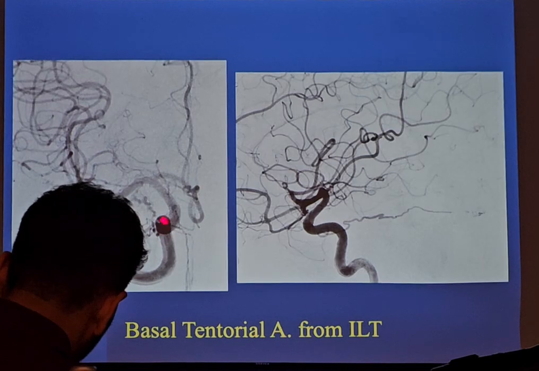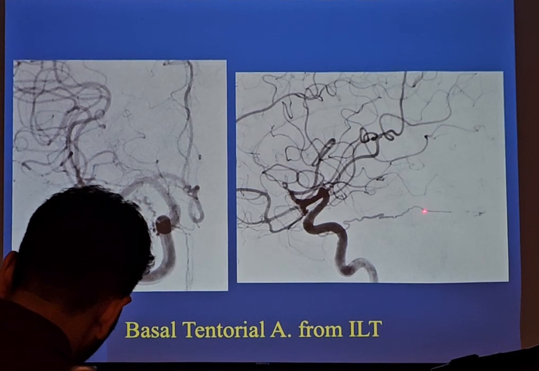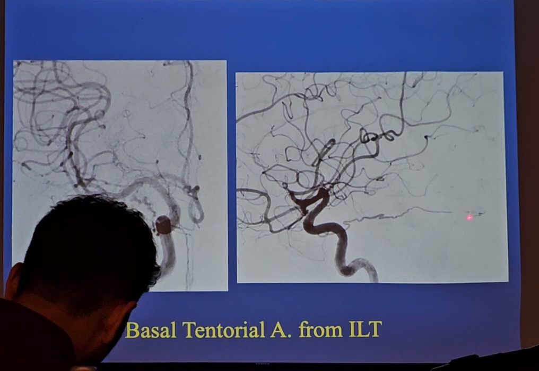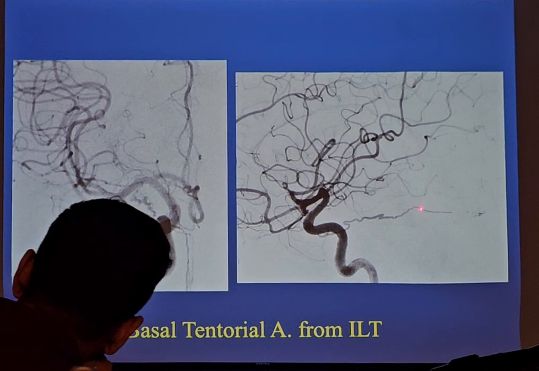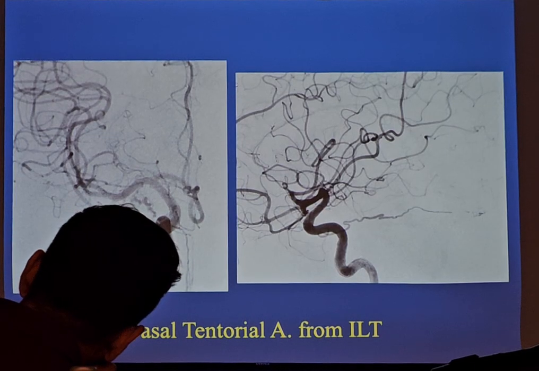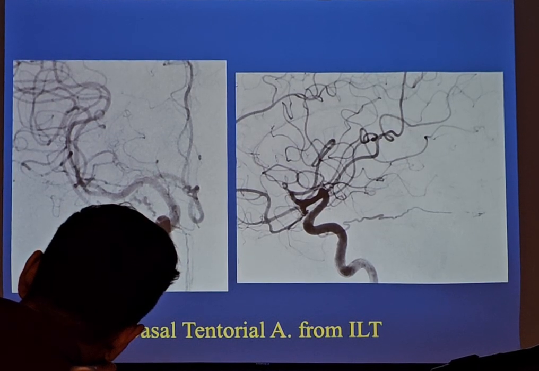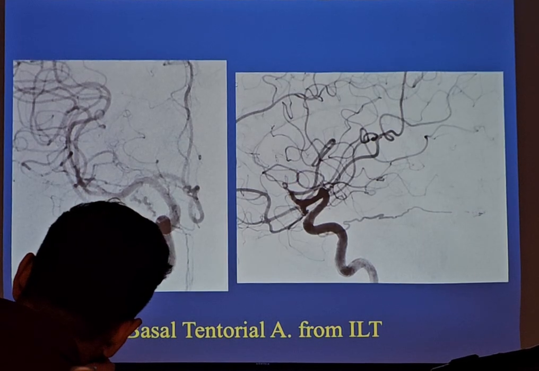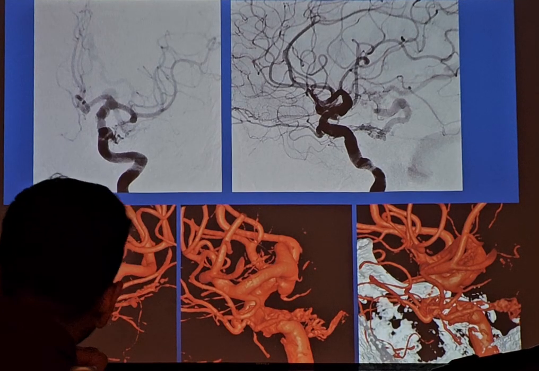Dural branch going laterally. This is basal tentorial, which follows the petrous ridge along this superior petrosal sinus, and you can see this reaching a dural labium on the sigmoid sinus laterally in this specific case. You see the dural basal tentorial branch originating from that.